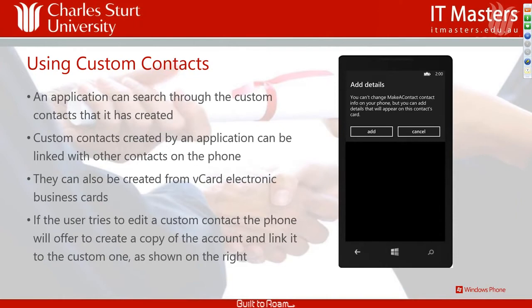If they try to edit one of their custom contacts, it'll prompt them and say you can't edit these contacts, but you can add details to them on a contact card for one of your existing contact stores, like your Exchange account. There are also APIs to allow you to read in and process vCard information, which can be particularly handy if that information is being served up by a backend service.